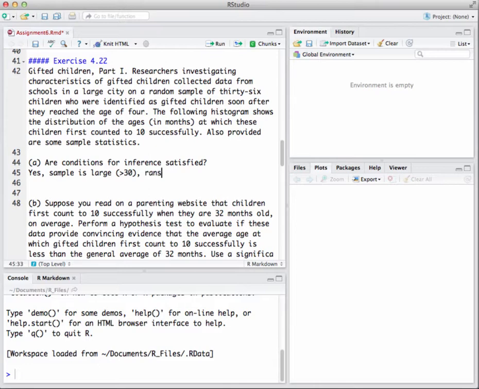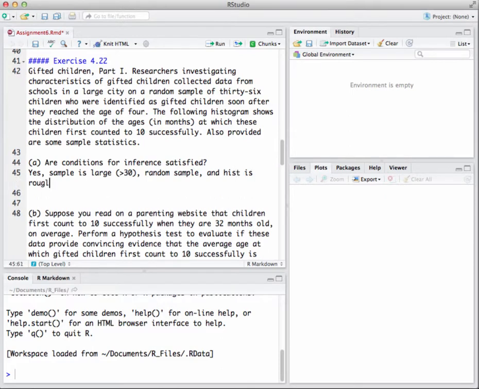Random sample. And histogram is roughly symmetric.